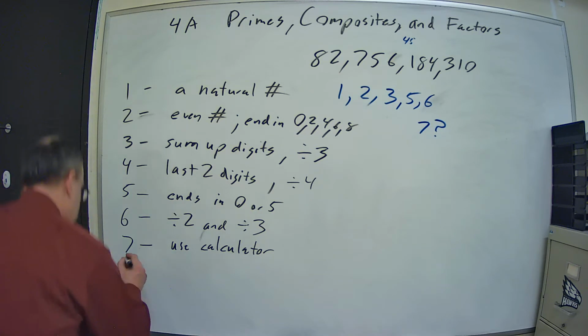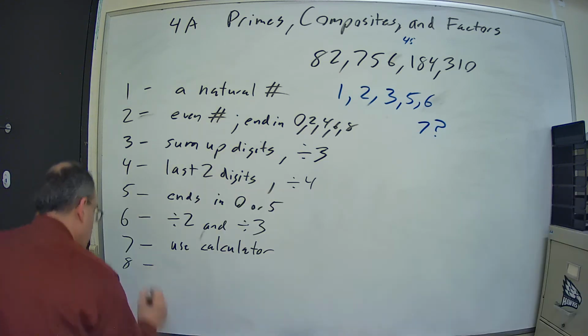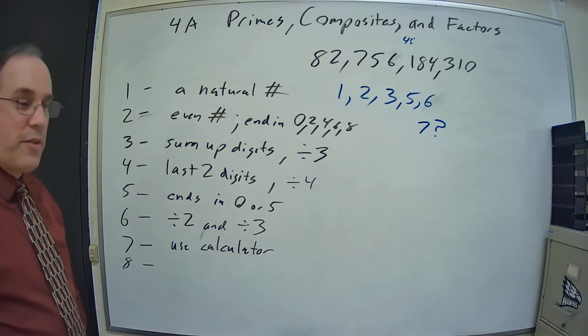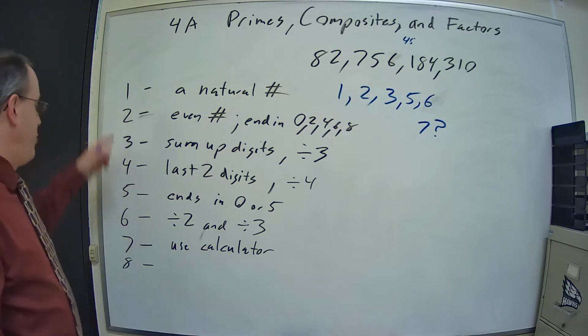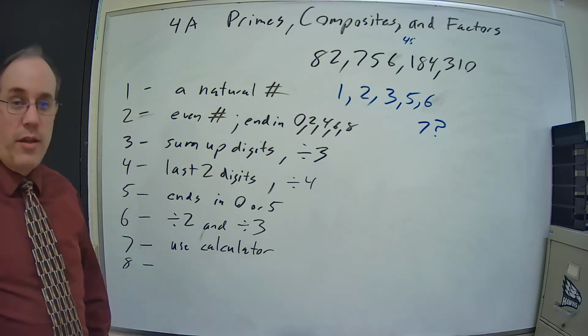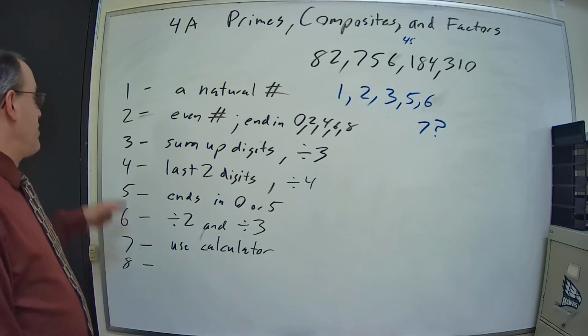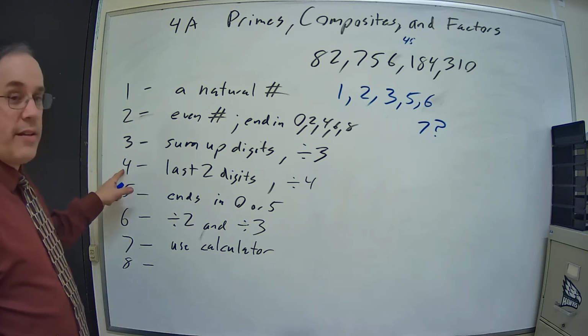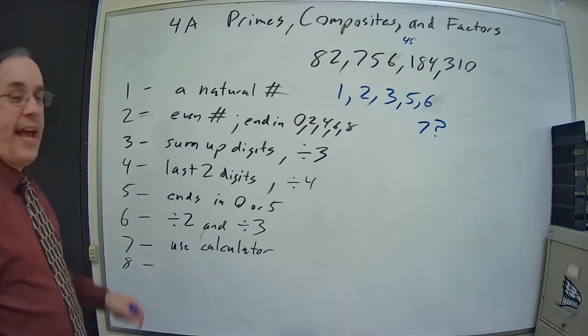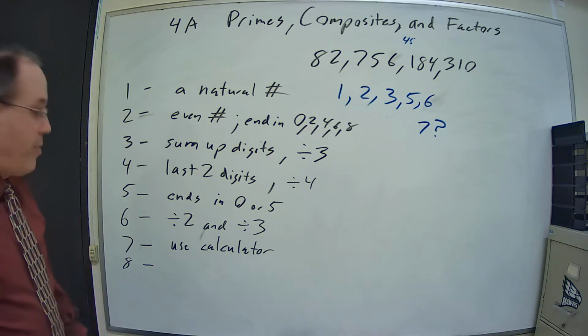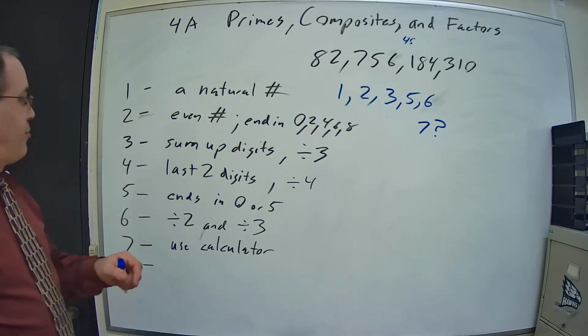What about 8? Okay, now don't give me the answer that if it's divisible by 2 and 4, it's divisible by 8, because that's wrong. But if it's not divisible by 2, or it's not divisible by 4, then it obviously can't be divisible by 8. But 8 follows a similar method to what 4 did.